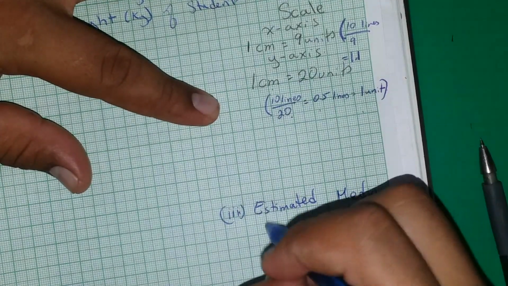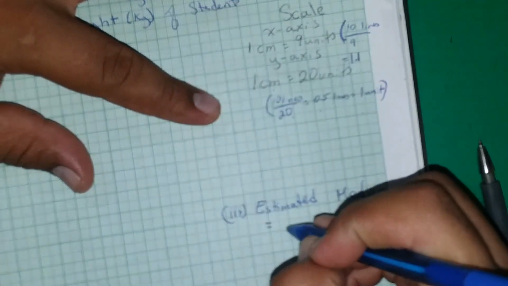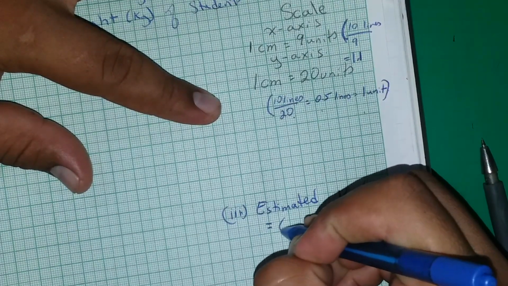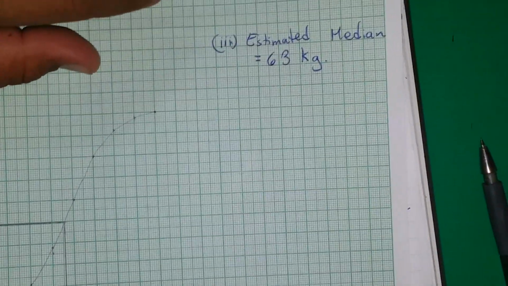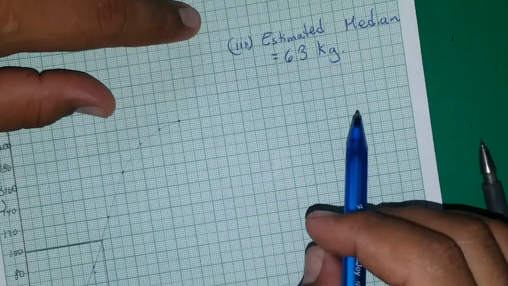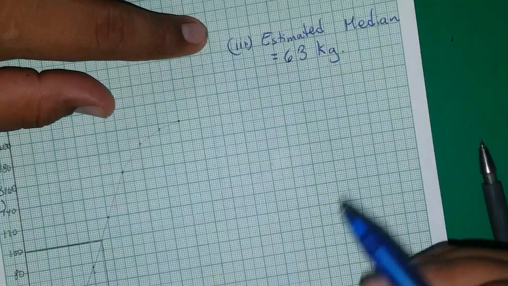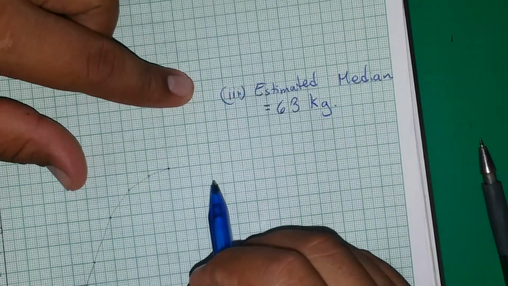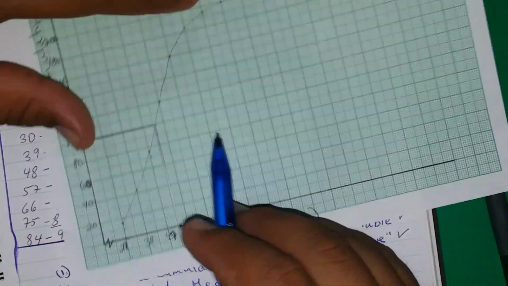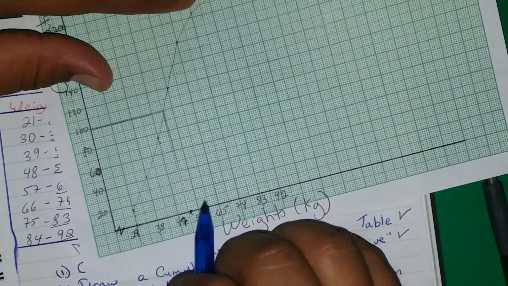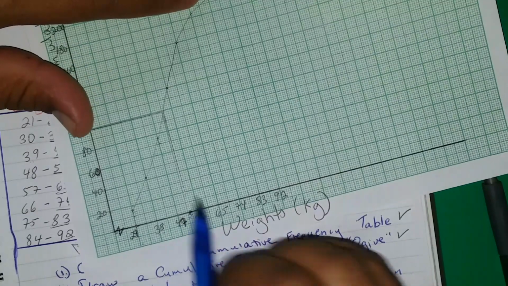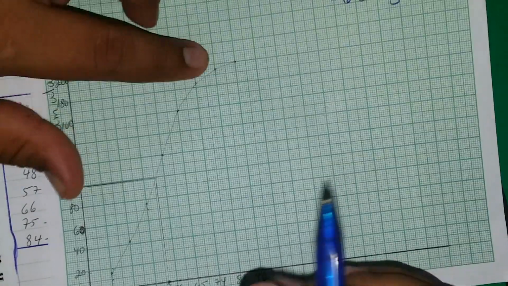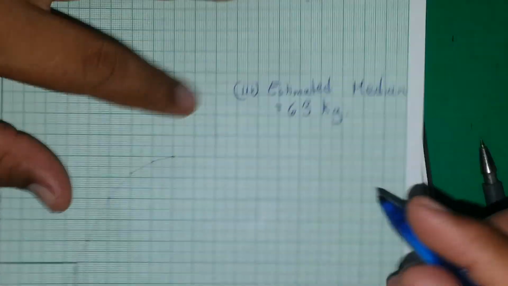Estimated median equals 63 kilograms. Now notice if you get 62 or 64 or 61, maybe I could give you that, but it all depends that you have done your line across and you're showing me that it is 61 or whatever your answer is, right? Alright, so that's 3.